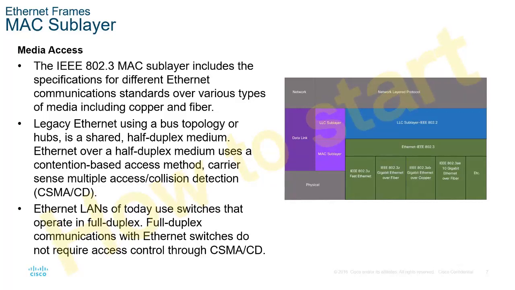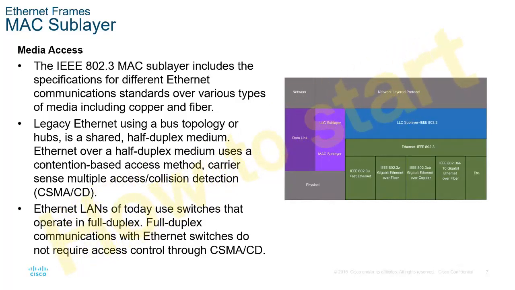Legacy Ethernet used a bus topology, meaning it had to have some way to detect errors, because it operated in half duplex. Duplex is whether you can send and receive at the exact same time, or simultaneously. Full duplex is the ability to send and receive simultaneously. Half duplex is one or the other. When we're dealing with a shared media, we have to have some way to detect collisions.